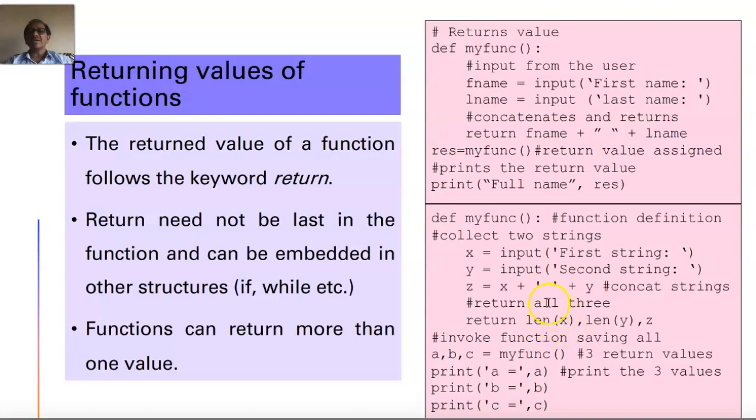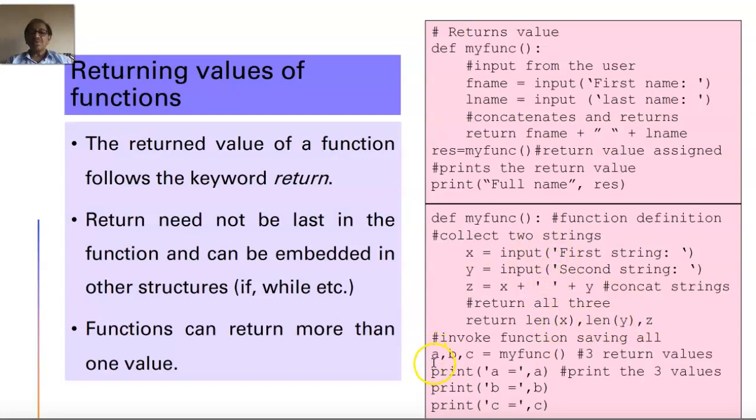But we are calculating the length here and giving it as a return value. So three values are returned here. In the first program, only one value is returned, the concatenation. But here, after concatenation, it returns the length of two strings and the concatenated string.